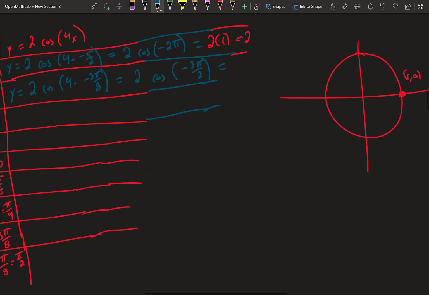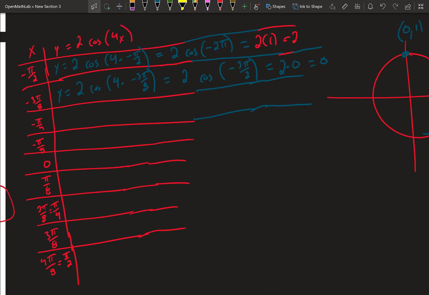Negative 3 pi over 2 would be going this way, and would land me at the point 0, 1. So cosine is the x-coordinate, so this would be 2 times 0, which would just be 0.